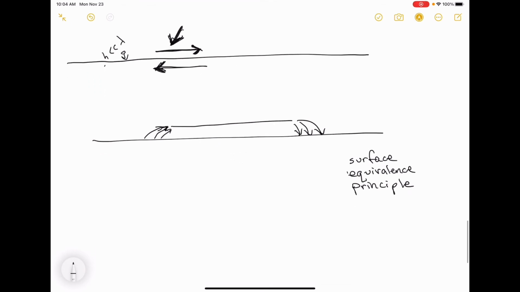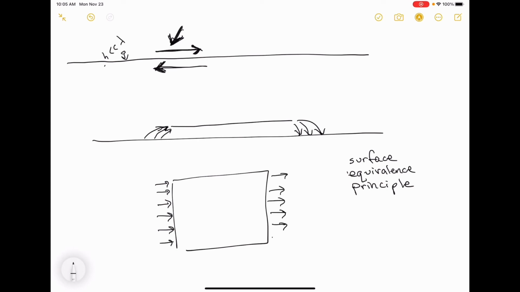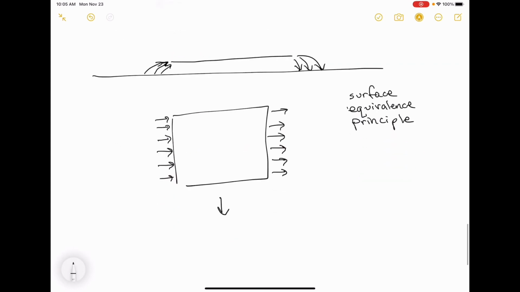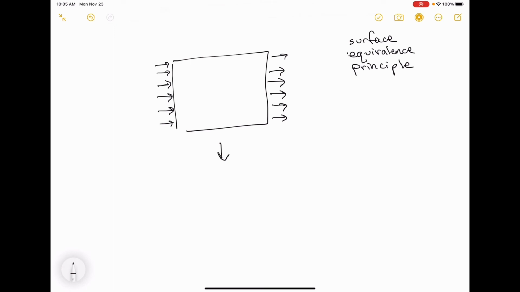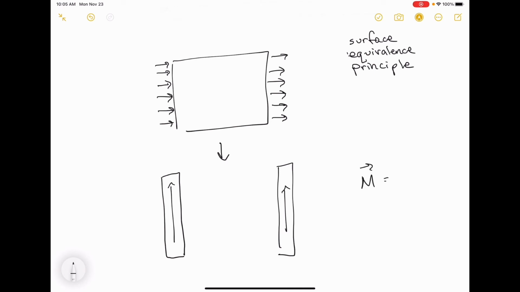So as a top view, this situation now becomes: we get to remove the antenna, and then we just have these two magnetic currents on the ground plane, where the magnetic current is the surface normal vector crossed with the electric field.